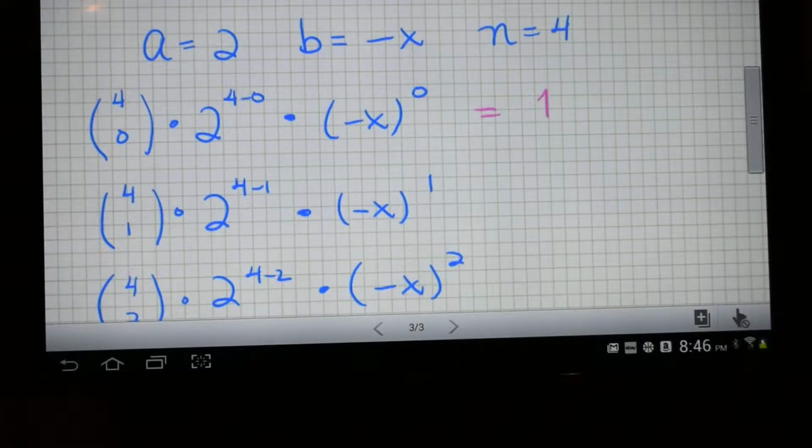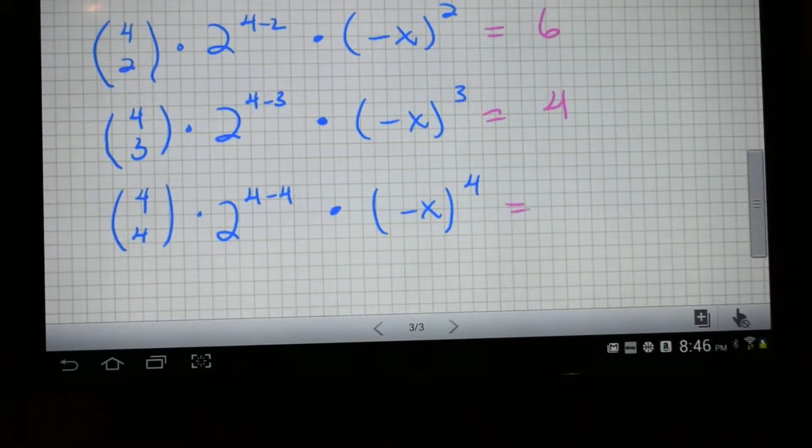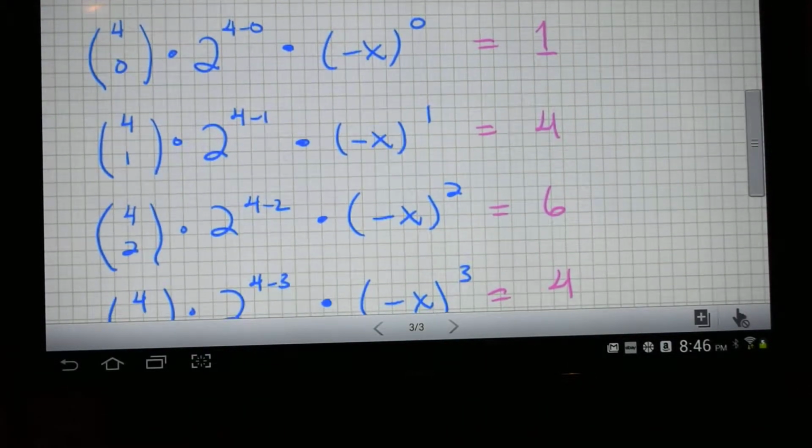So that's your binomial coefficient: 1, 4, 6, 4, 1. That's this part right here. Times 2, this is 2 to the 4th power, which is 16. And this is 2 to the 3rd power, which is 8.